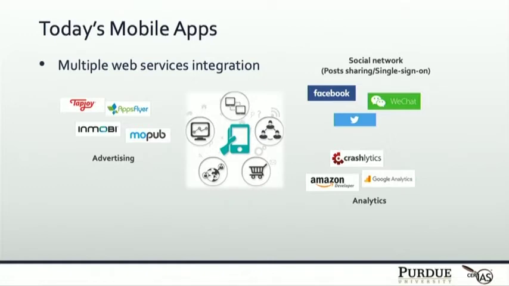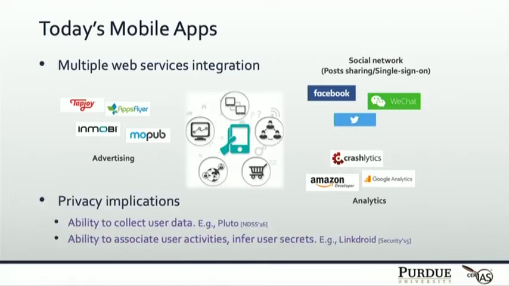These SDKs support the app's single sign-on function and allow the user to share their in-app content to their social networks. Further, developers are also likely to integrate analytics libraries, which collect different types of data for bug fixing and user experience improvement.